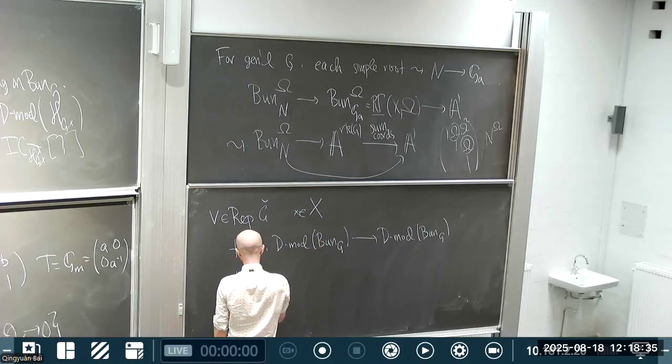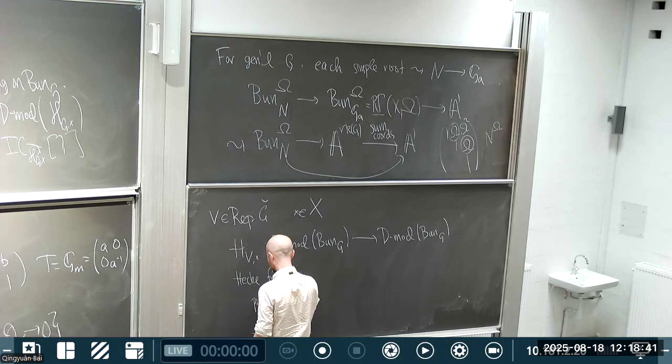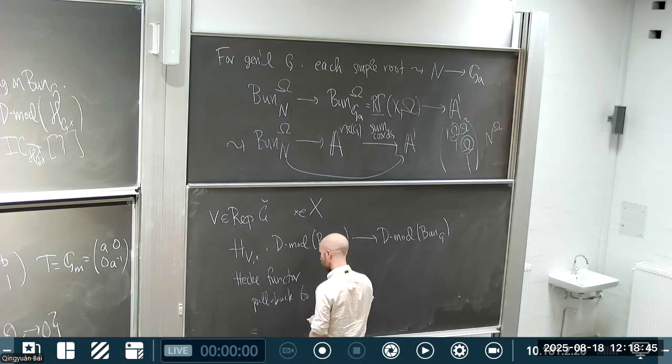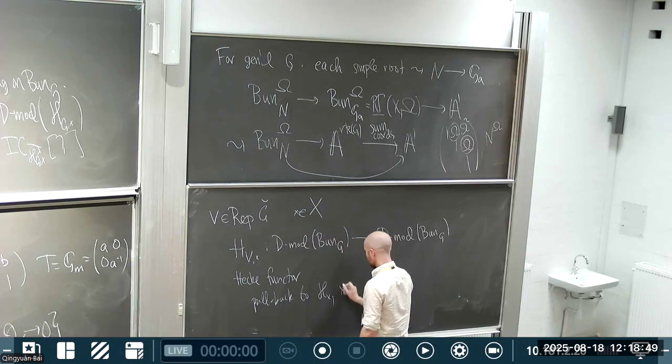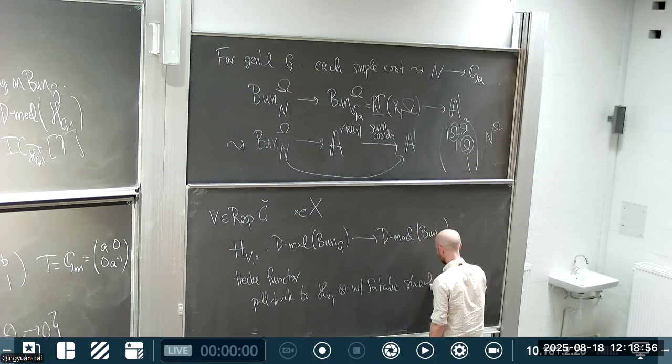The corresponding Hecke functor is given by: you pull back to the Hecke stack, tensor with the Satake sheaf, and then push forward.